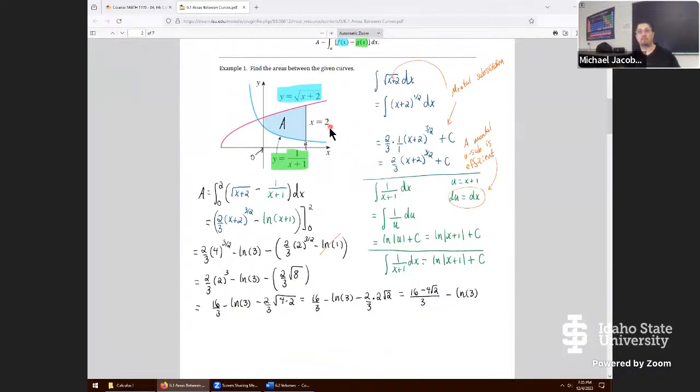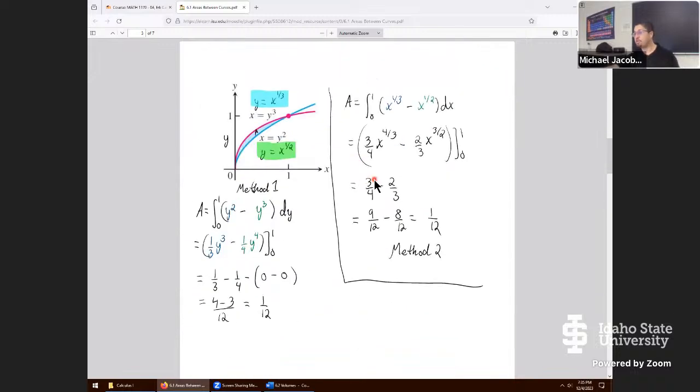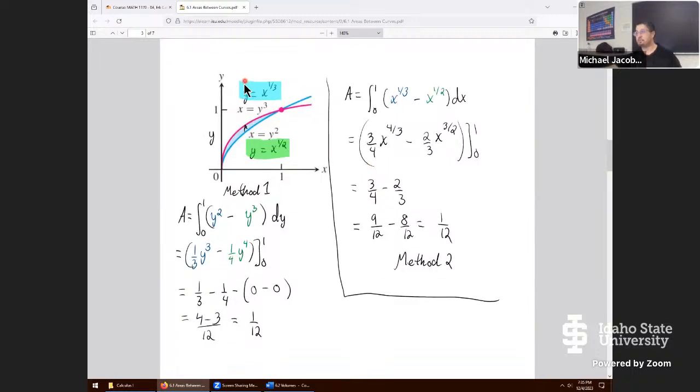And this is the standard kind of problem. This one's not too bad. Here, x is the independent variable in both of the functions, and y is the dependent variable. So we just went from 0 to 2, took the upper curve minus the lower curve, and integrated. But the problem we're doing is more similar to this problem. Sometimes the roles of x and y have just been completely flipped on us, like on this diagram right here.